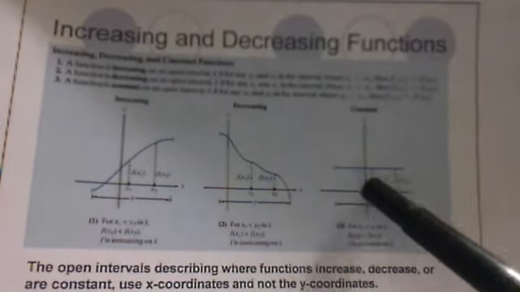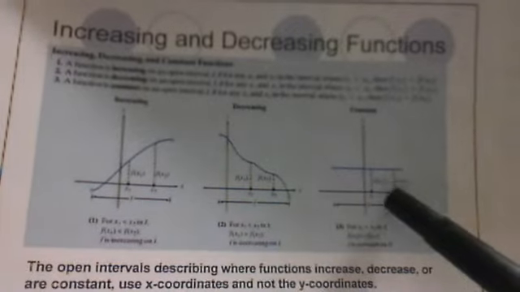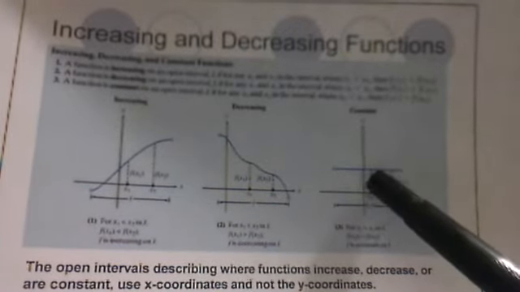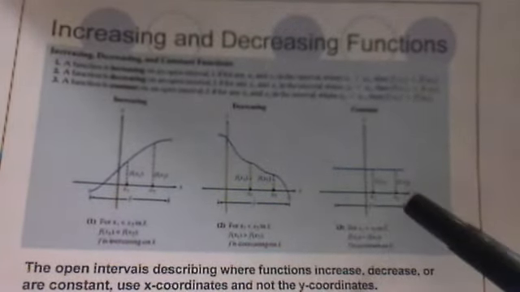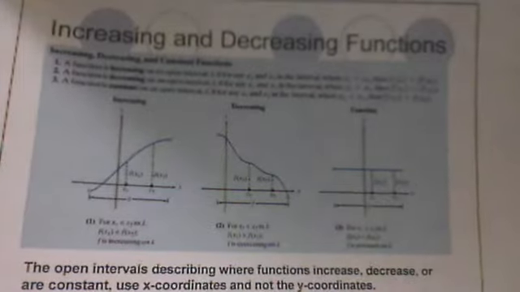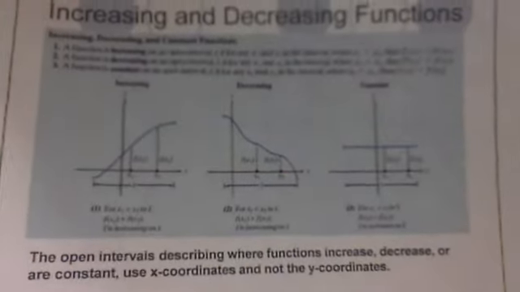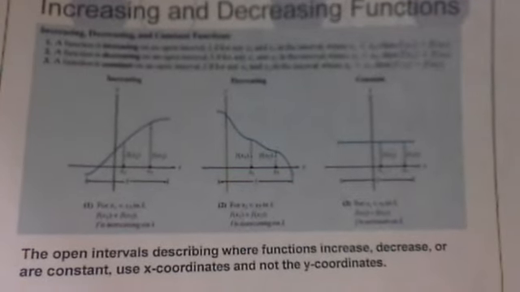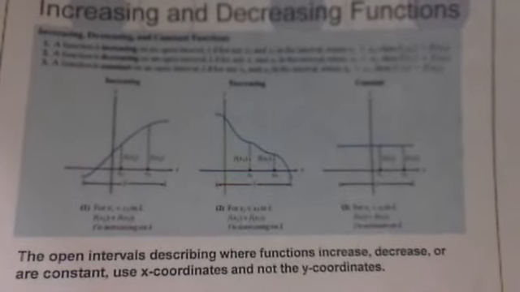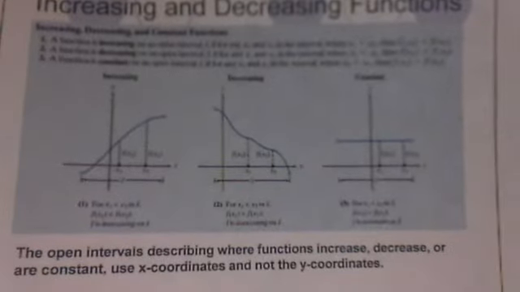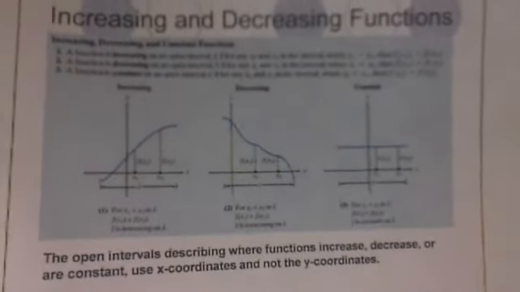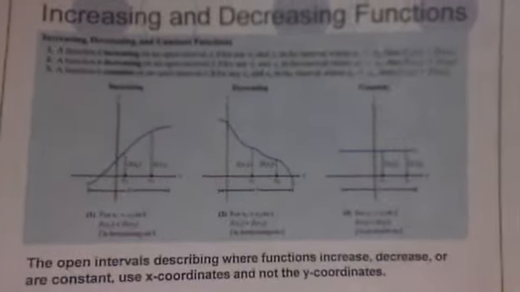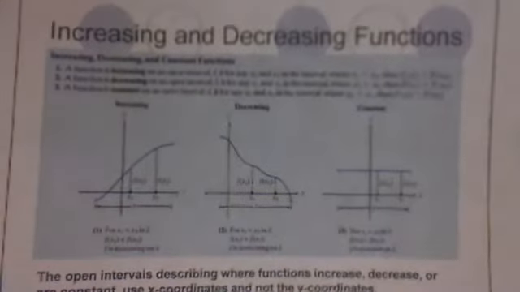That's a constant function, because the value of f of x1 is the same as the value of f of x2. So the open intervals describe where the functions increase, decrease, or are constant, and we use only the x coordinates and not the y coordinates. We're going to look at an example of just that.